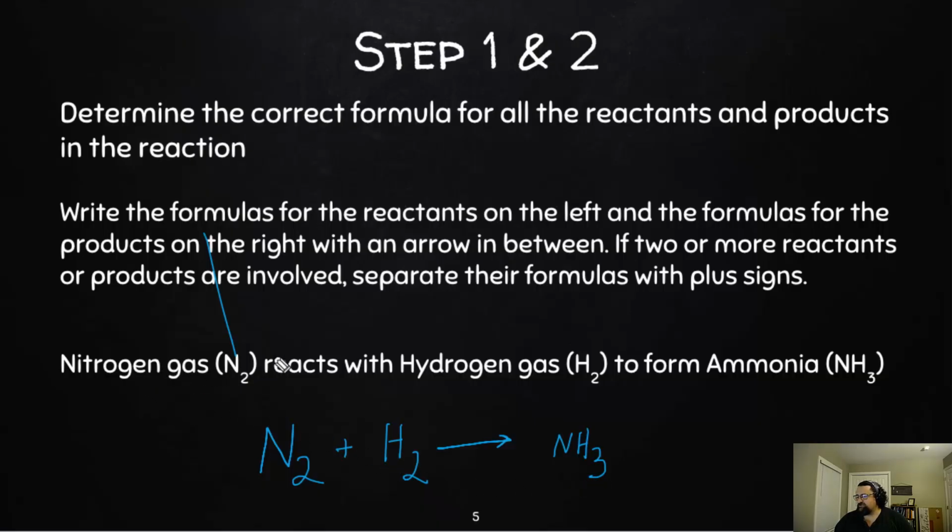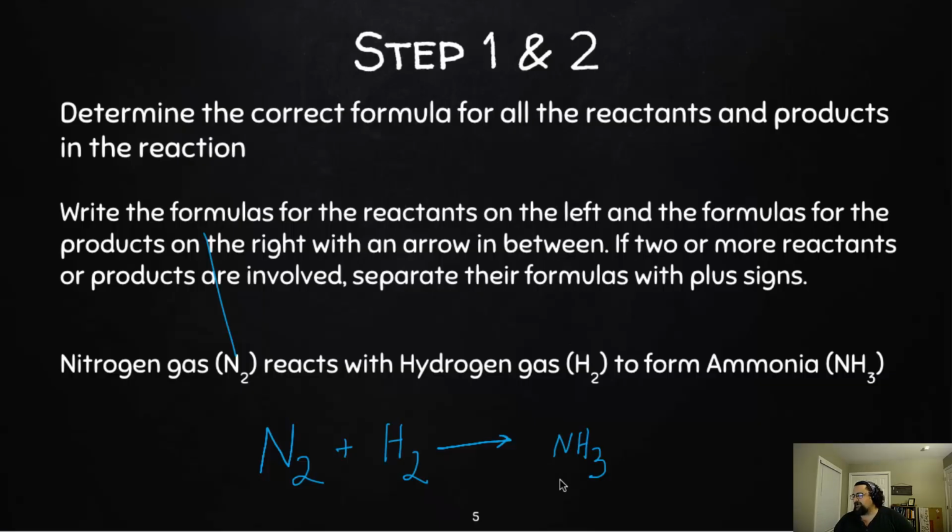All right. Nitrogen gas reacts with, meaning it's a reactant, hydrogen gas. So they have to be on the left-hand side of that arrow to form ammonia. Well, if it's forming it, that's the product. So that goes on the right-hand side.